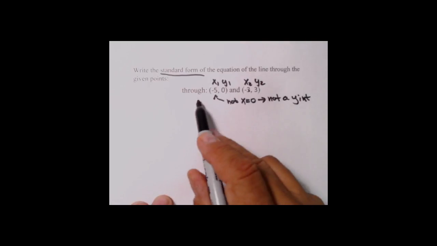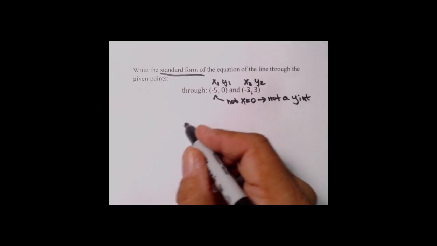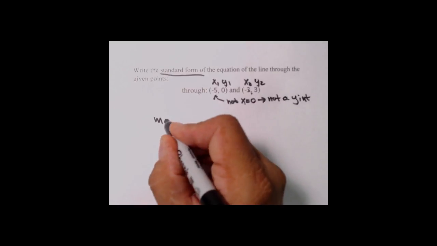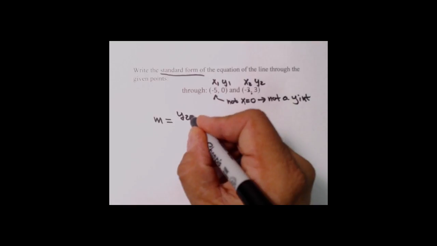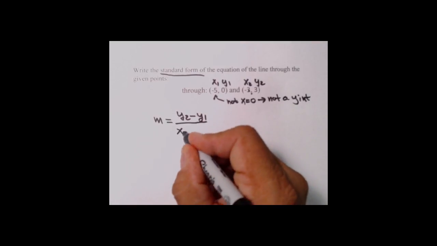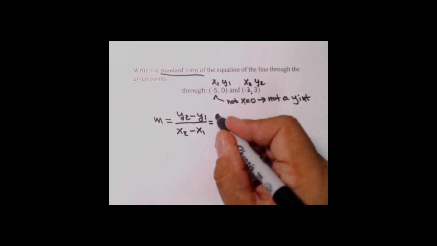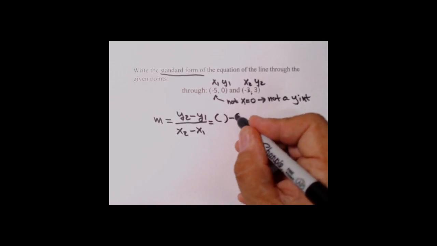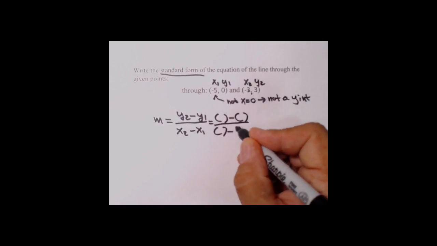But of course, to do that, we got to find what the slope is, so let's do that first. Here we go. M equals, again, the y's are upstairs. y2 minus y1 over x2 minus x1. Make your double set of holes with the minus in between for both the top and the bottom.